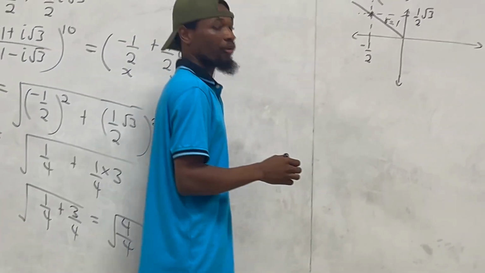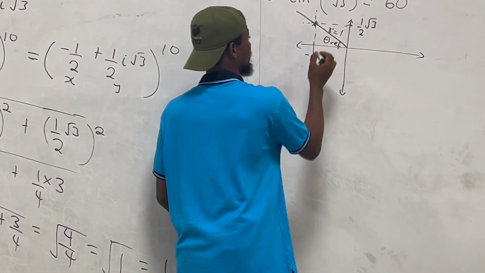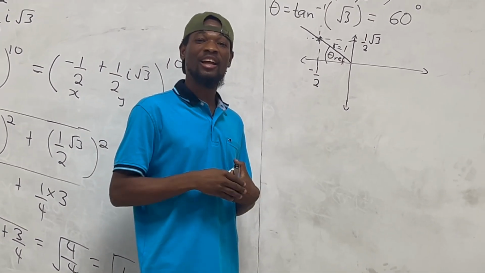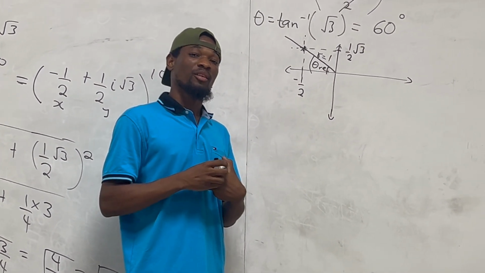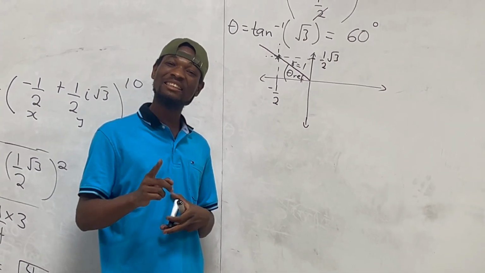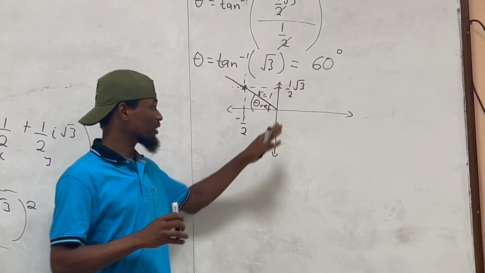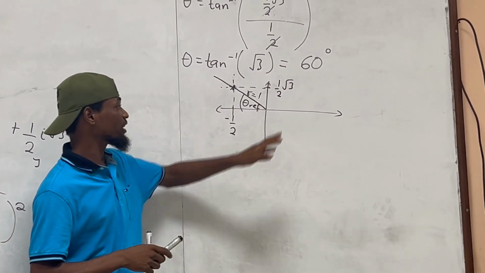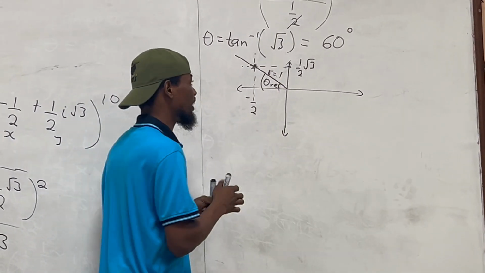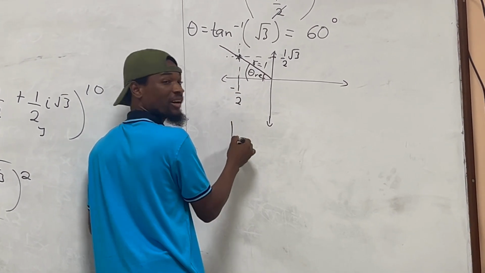Now let's look for the angle. That's the reference angle over here. And remember, please, if you are new here, kindly visit my previous lecture videos on the Argand diagram. These things are well explained. So this is the second quadrant, and in the second quadrant, you subtract the angle from 180.